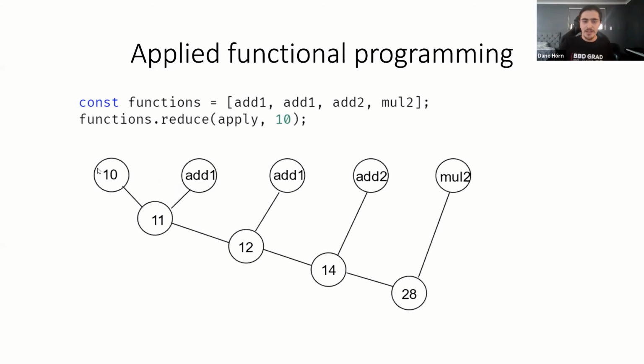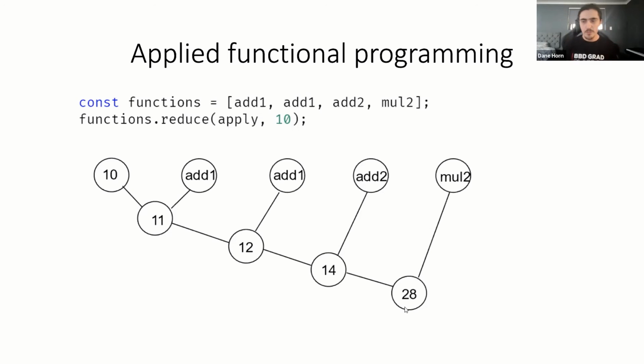So we take 10, we apply it to add 1, and we get 11 as a result. We take 11, we apply it to add 1, we get 12 as a result. 12 applied to add 2 gives us 14, and then 14 applied to mul2 gives us 28.